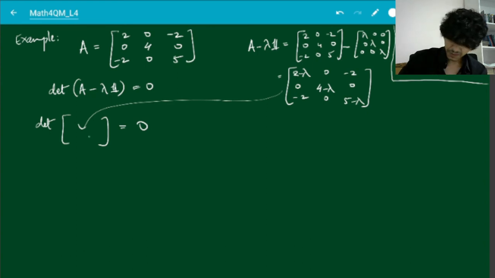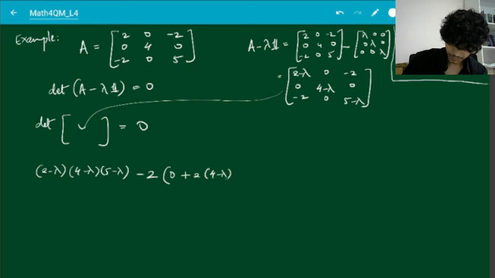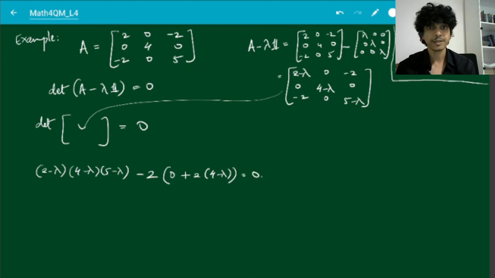Okay, let's take determinant of this. What is it? It is going to be 2 minus lambda, 4 minus lambda, 5 minus lambda, minus 0, 0 gives 0, and then minus 2 times 0 minus 2 times 4 minus lambda. So I just calculated the determinant of that matrix. This is what I got.